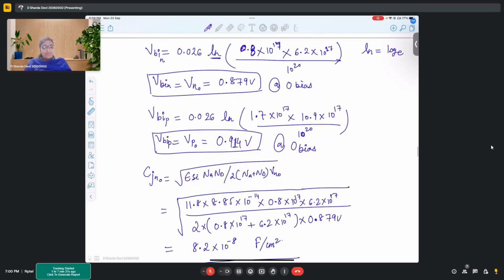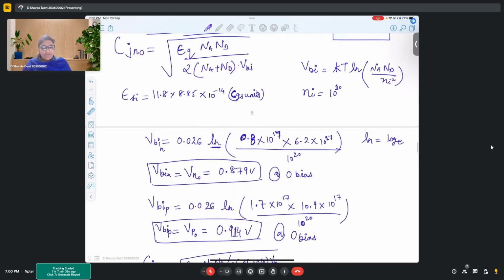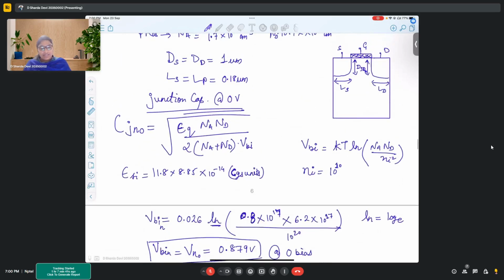Okay, so first of all, the thing that we need to keep in mind is junction capacitance, or even if we talk about capacitance, capacitance always needs charge separation. So there needs to be some separation to get a capacitance. We know that in forward bias, the junction is almost negligible.